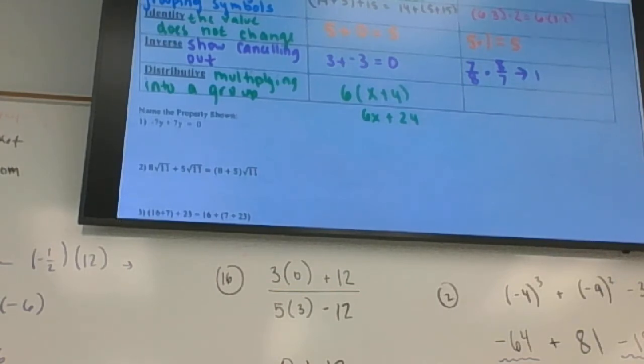Reverse associative. Associative. Yeah, but you're moving numbers closer together, like 7 plus 23, so it's better to understand that instead of 16 plus 7.